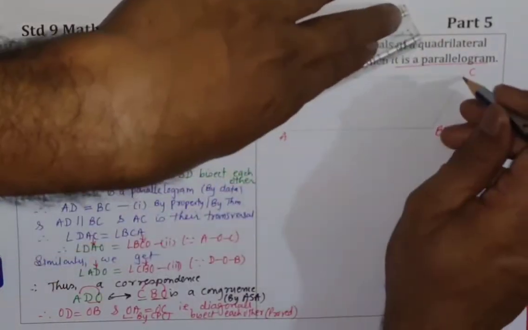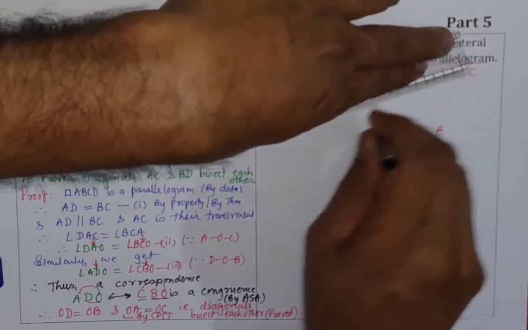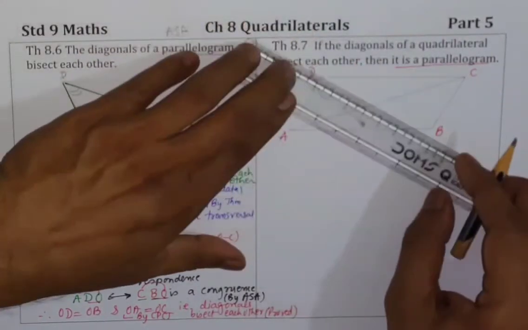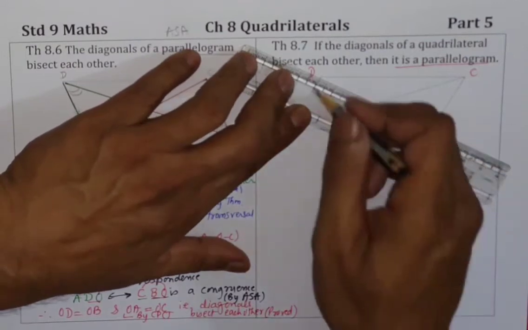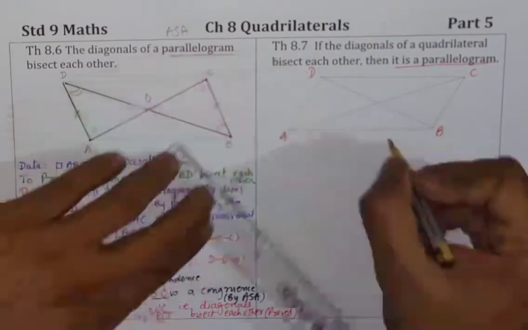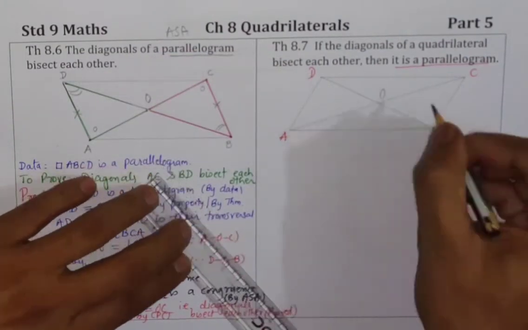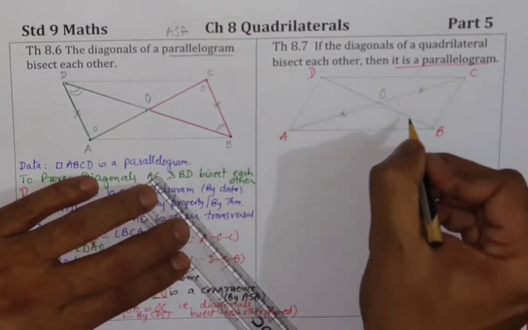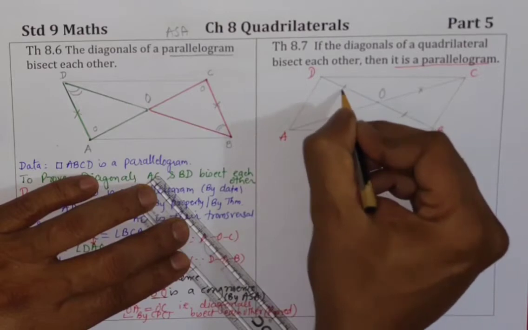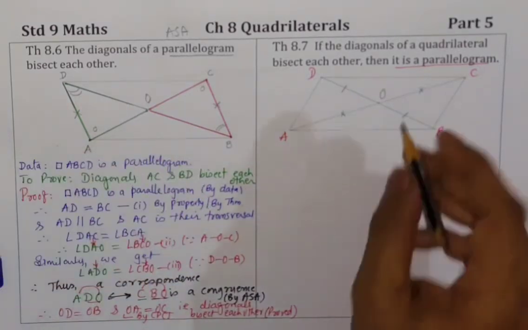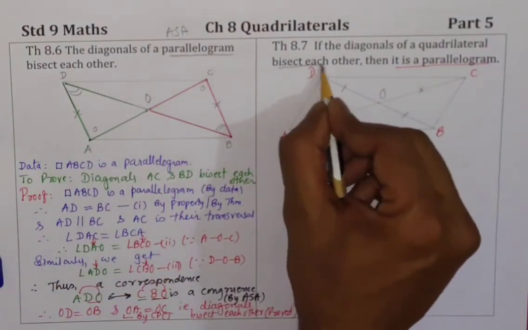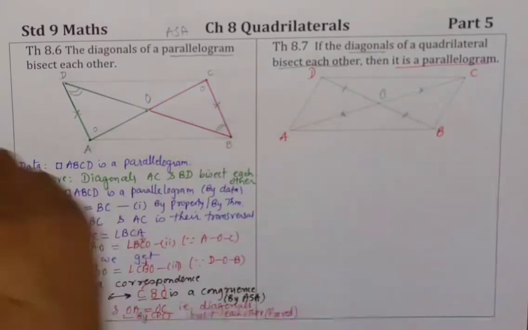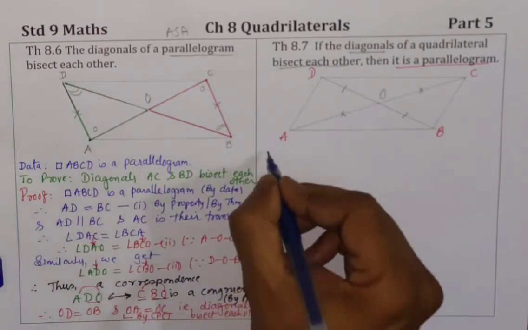Let's draw the diagonals AC and BD. Suppose they intersect at O. Then OC equal to OA and OB equal to OD. That is already there because the diagonals bisect each other. So what is given in the data? Let's write the data first.